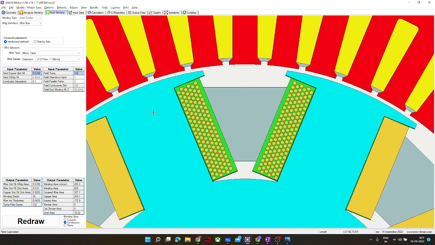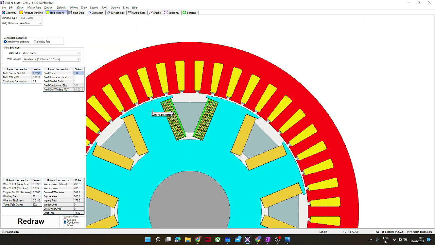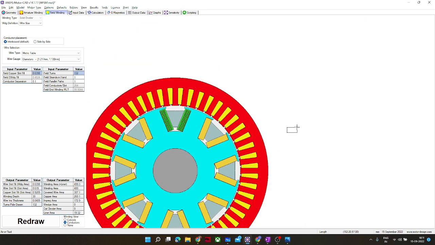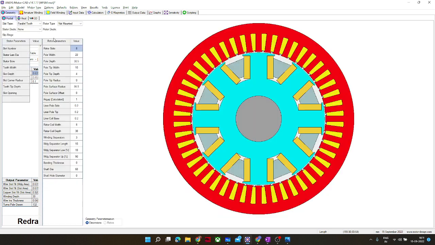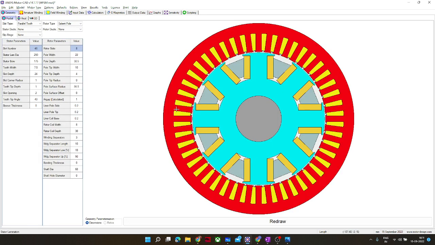This is how a typical wound field synchronous motor looks, and this motor can also be considered for electric vehicle applications. Although people do not use it frequently due to the complications of brushes and commutators.